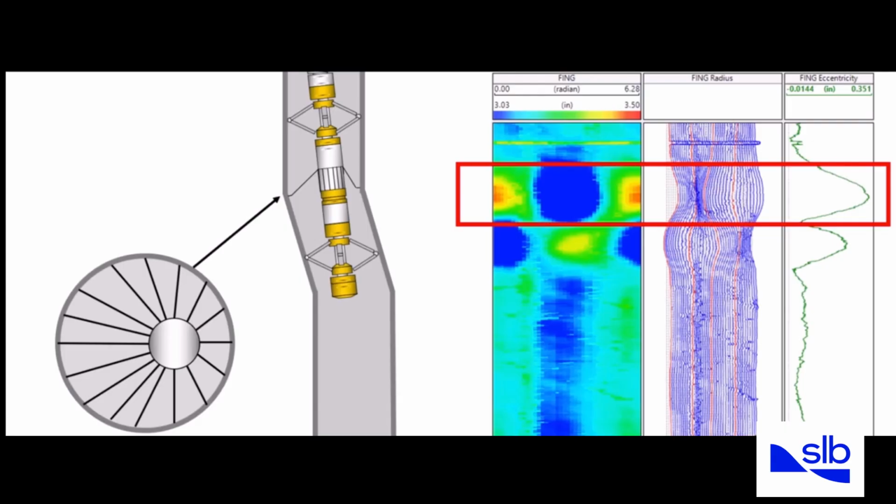So in multi-finger caliper, deformation is typically characterized by these features, okay? First, there is a sudden increase in the eccentricity and also a change in the eccentricity direction, right? The eccentricity we will identify by simultaneous high and low radius values at a particular depth.